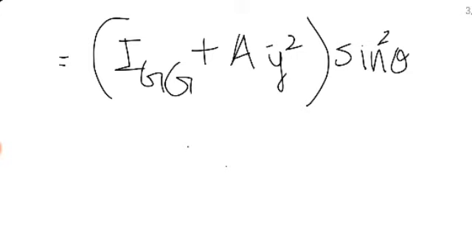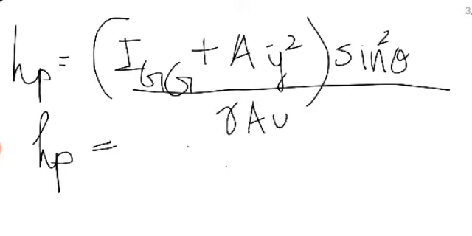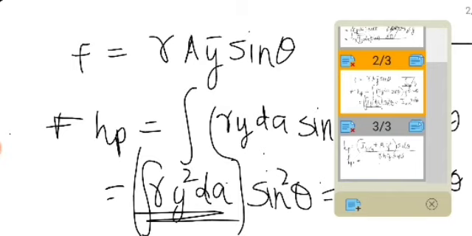Now what this h_p is, is this total divided by the force. The force is gamma A y bar sin theta, which we have already obtained.